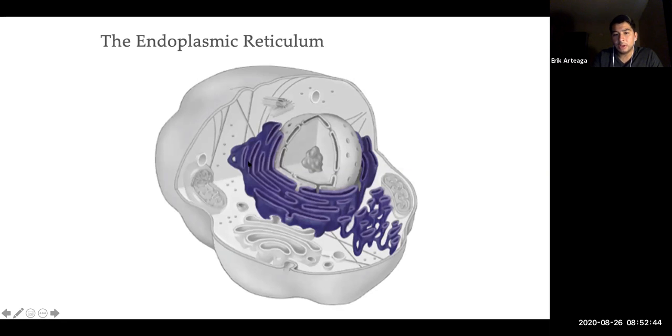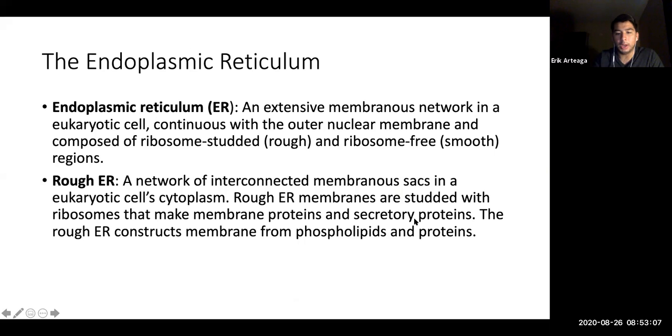You have the rough endoplasmic reticulum here, and you have the smooth endoplasmic reticulum here. The difference between the two is that the rough endoplasmic reticulum has ribosomes associated with it. They look like little tiny balls sprinkled throughout the ER. The smooth is just not going to have ribosomes, right? And remember, ribosomes make proteins, okay?